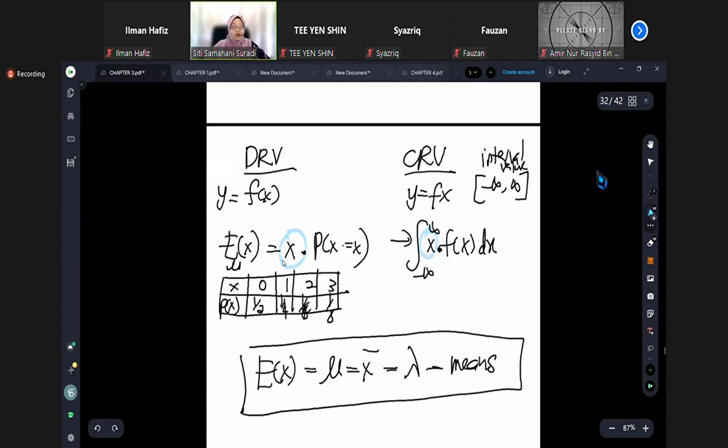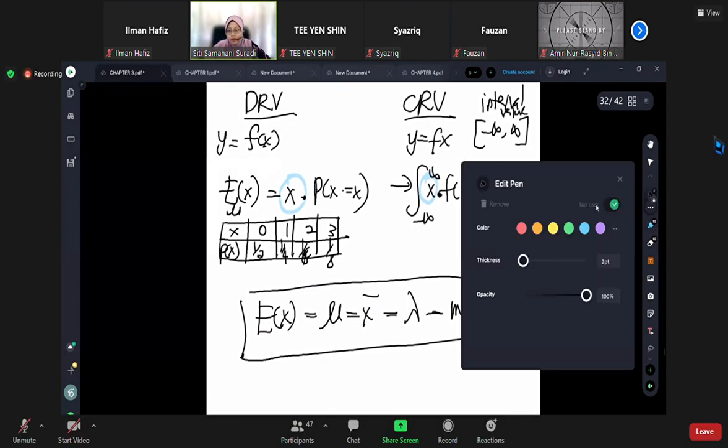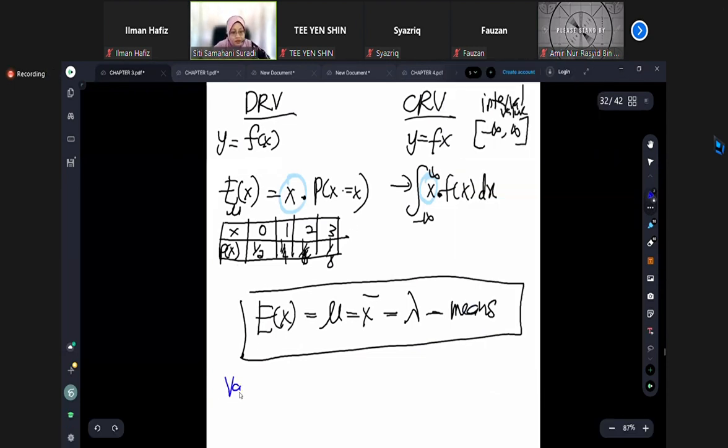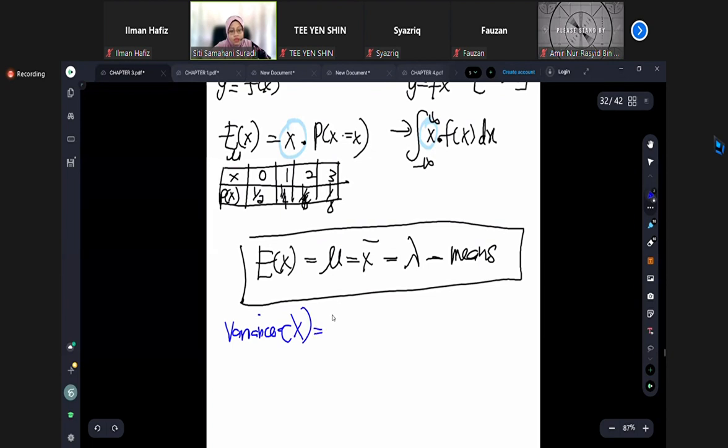Okay? While the variance, you want to find the variance. You need to use the equation E(X power of 2) minus E(X) in double brackets power of 2, meaning this is mu.